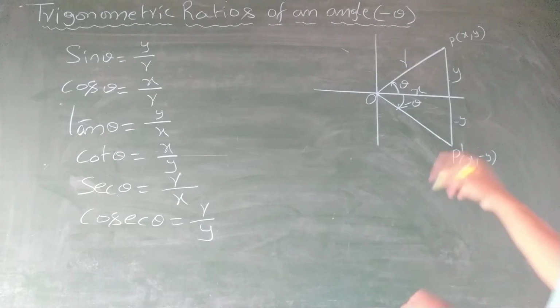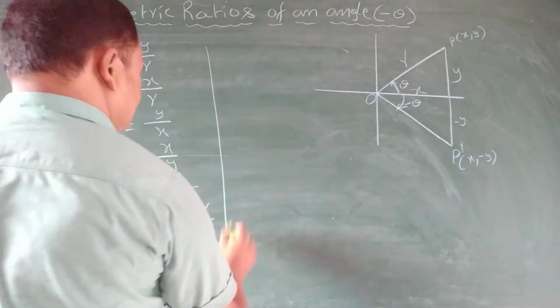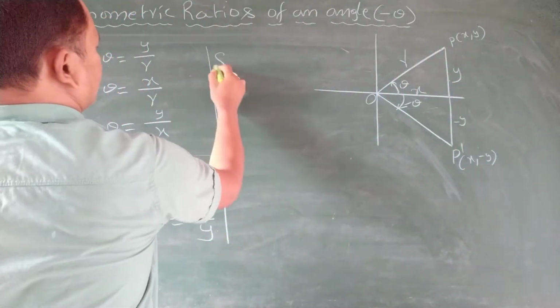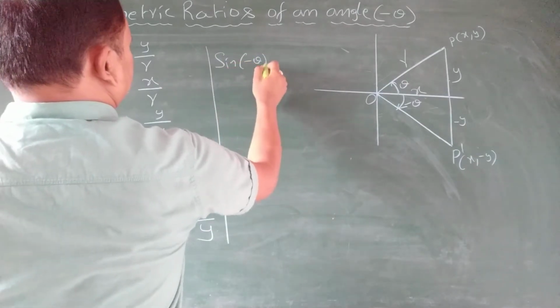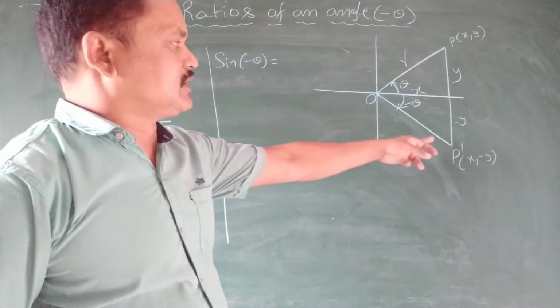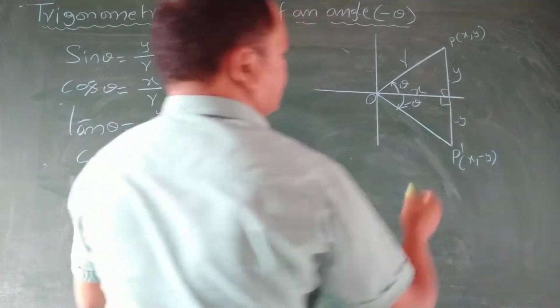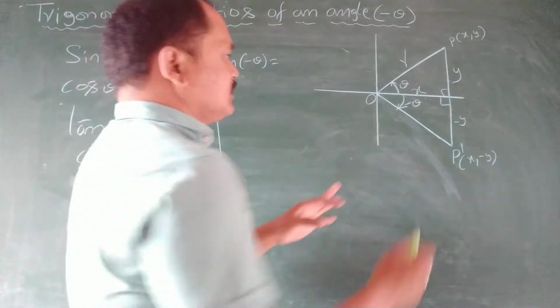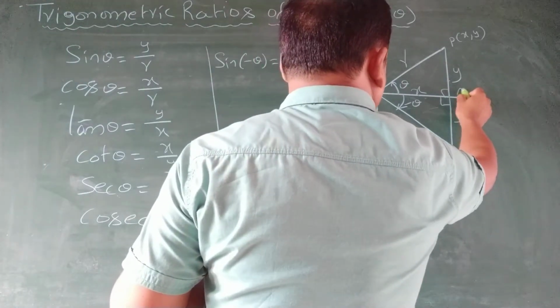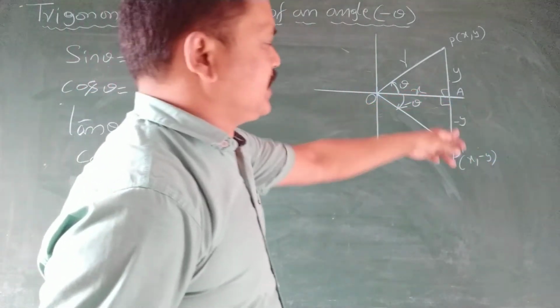Right, now from this we have to write sine of minus theta. From this right angle triangle, here it is a right angle, here it is a right angle. Take it as A, triangle OAP dash.